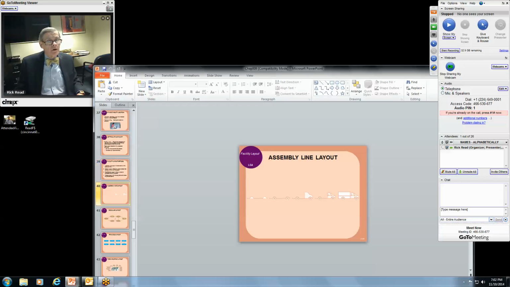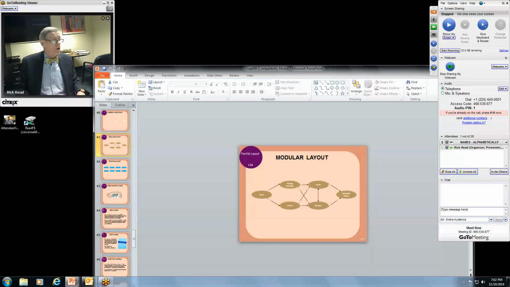It's a little difficult to see from the slide, but they give some differences in systems. So let's look at what's there. The product layout would be the assembly line. Process layout we use for different customer needs.